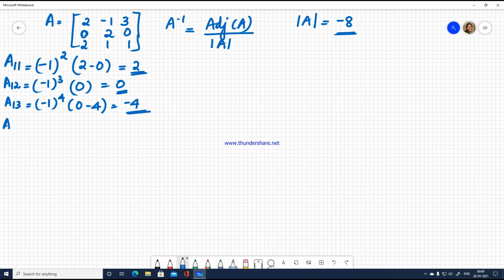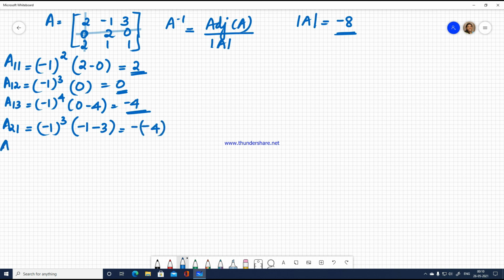Now A21 is equal to minus 1 raised to cube. You cover this particular column and the row. So we will get the answer as minus 1 minus 3, it is minus of minus 4.